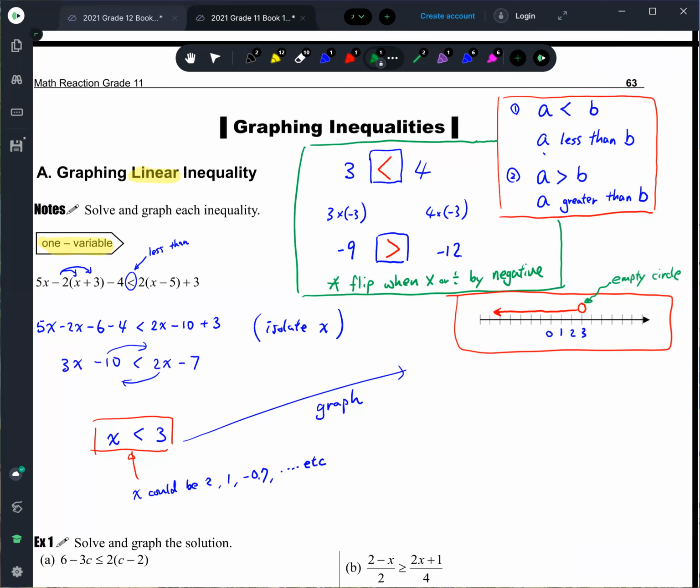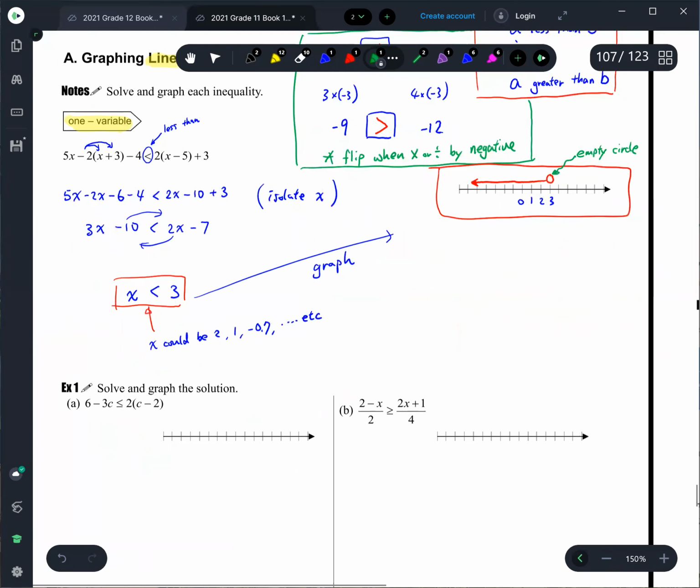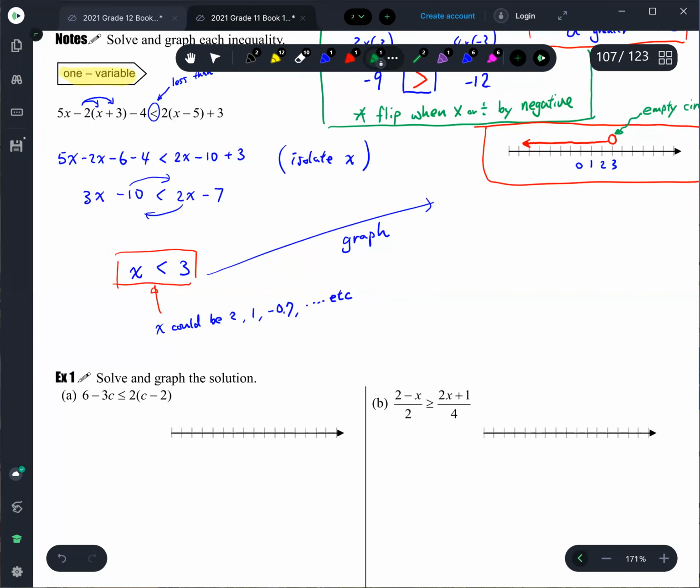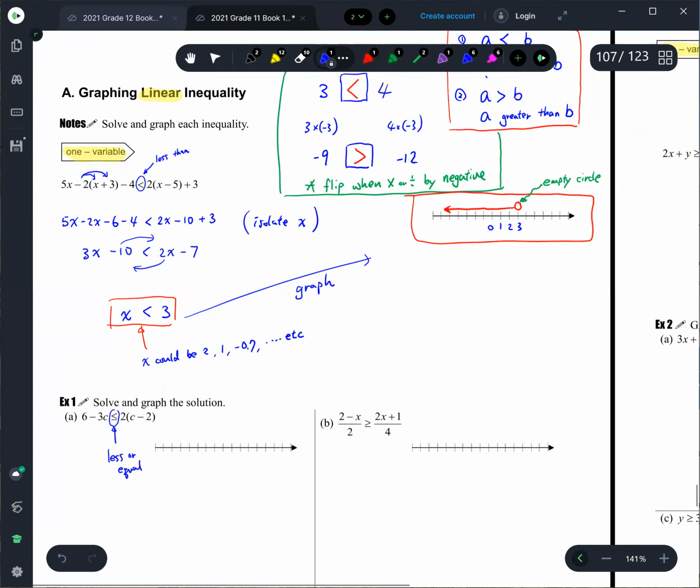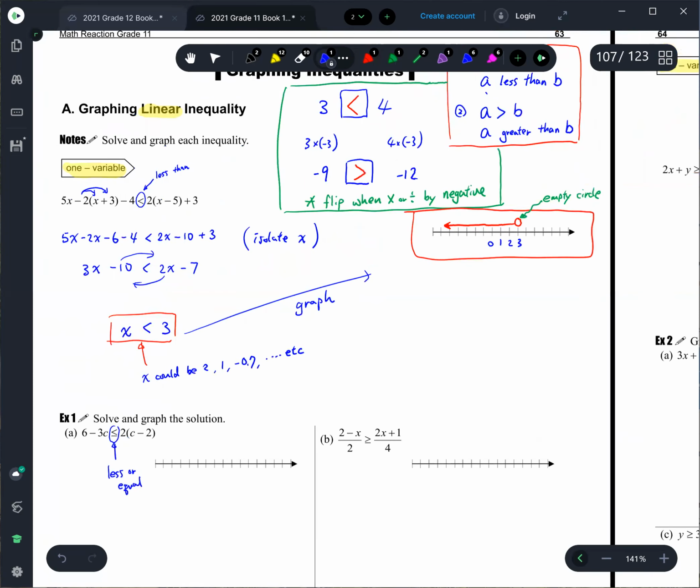You call that a solid circle. So like question 1A, you have a less than or equal. Less or equal. So when you're drawing the graph, you need to fill in the circle. All right. Any questions so far?